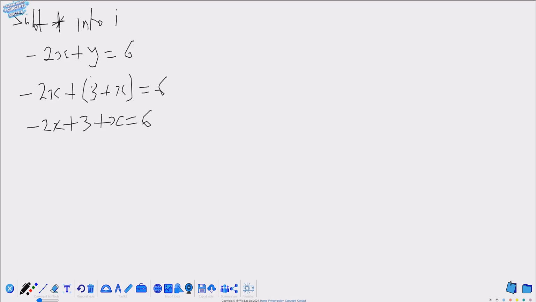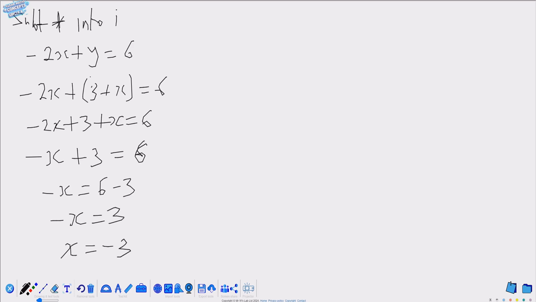You still need a credit of 1 to balance up. So you have minus x plus 3 equals 6. So you have minus x equals 6 minus 3, minus x equals 3. Then x equals minus 3 if you multiply both sides by minus 1.